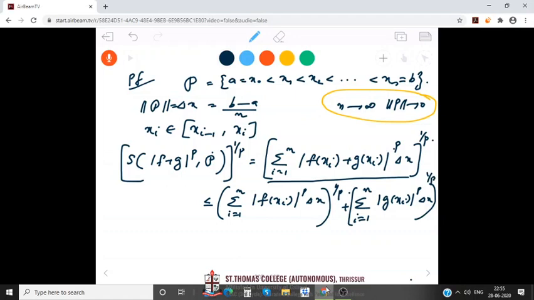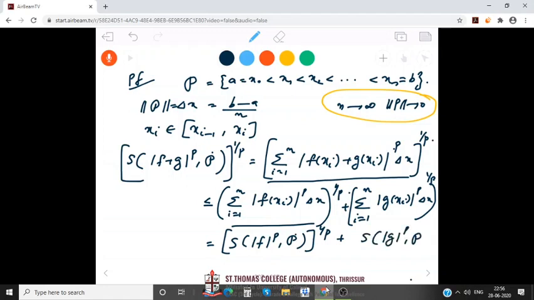The first term is the Riemann sum of mod f raised to p, to the power 1 by p, plus the Riemann sum of mod g raised to p, to the power 1 by p, corresponding to the tagged partition.